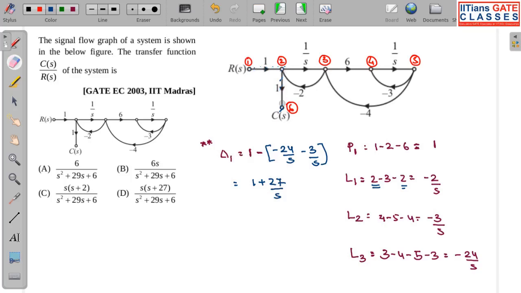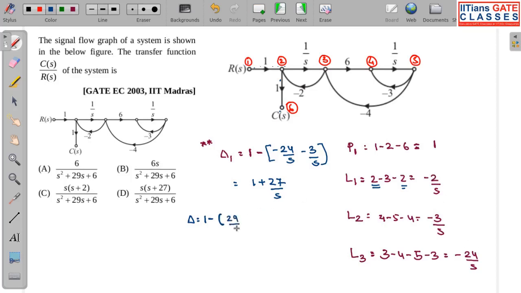Now we need to calculate the determinant. The determinant is 1 minus all the individual loop gains. So just simply add these over here. What do you get? 24, 27 and this will be 29.